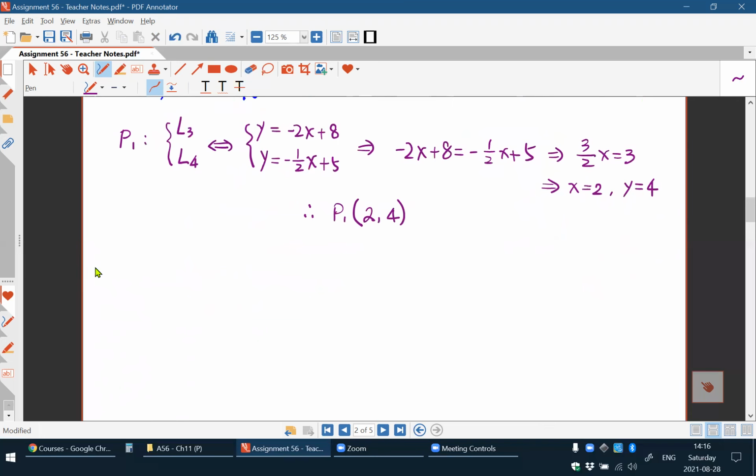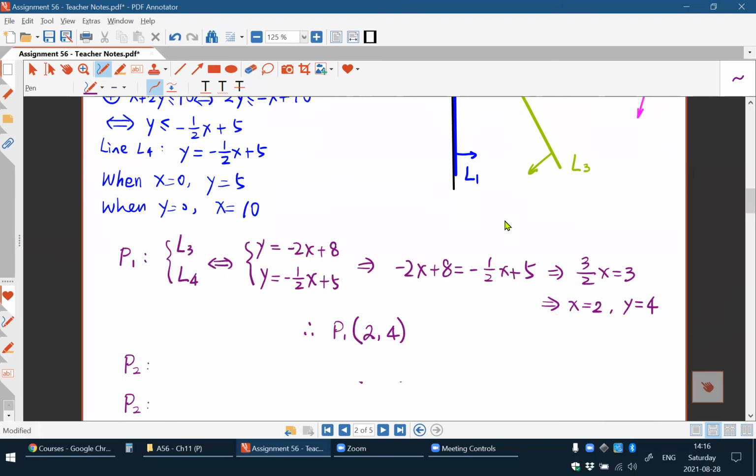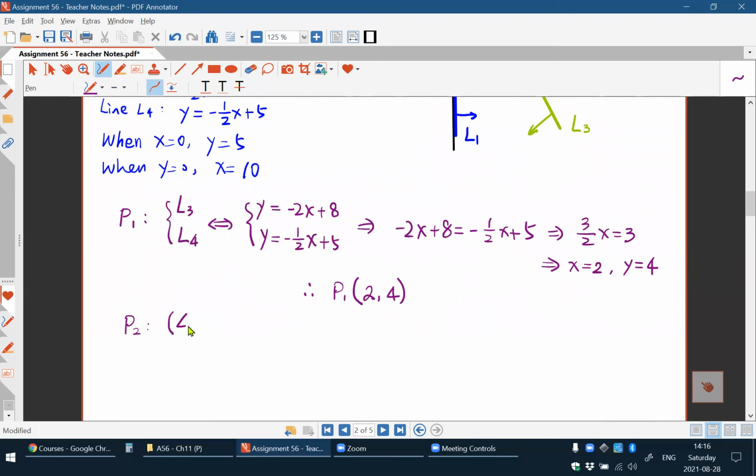Okay, and let's check P2 then. P2 is actually the x-intercept of L3, right? Which is (4, 0). So this is easy, we can just directly write its coordinates here. So how about P3?